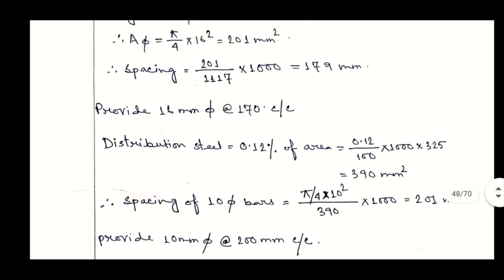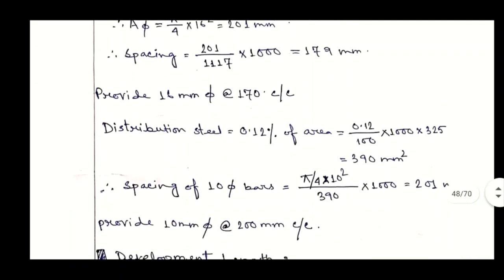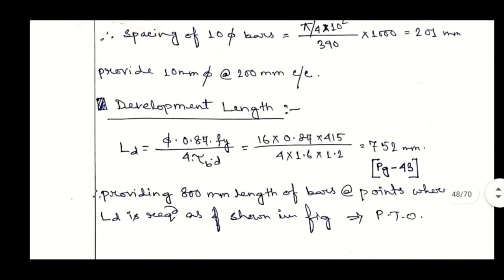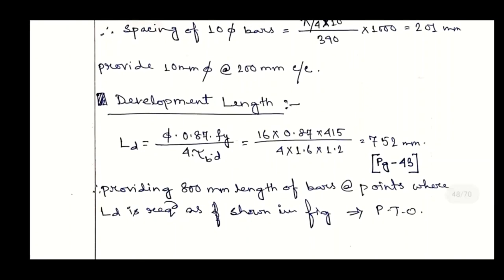So main reinforcement and distribution reinforcement we have already found out. Now check for development length. So the formula for development length you will find on page number 43 of IS 456-2000.